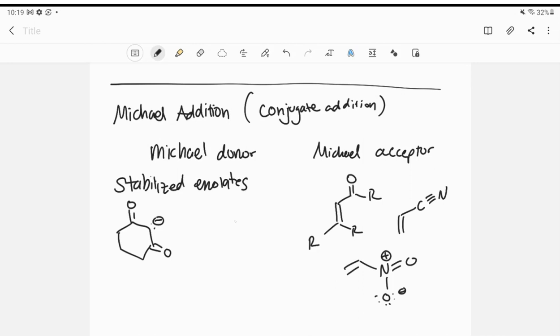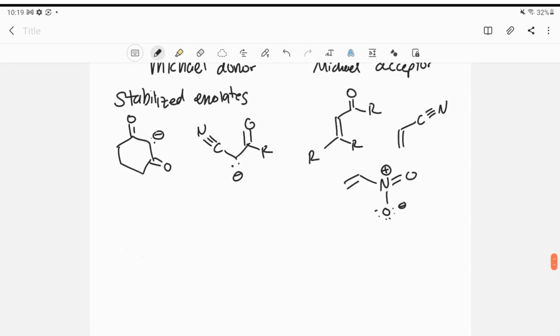We're looking at ones that have anything that will help stabilize it more than just a plain old single carbonyl. You can have a nitro group as well here.